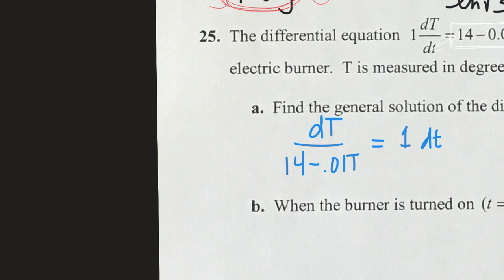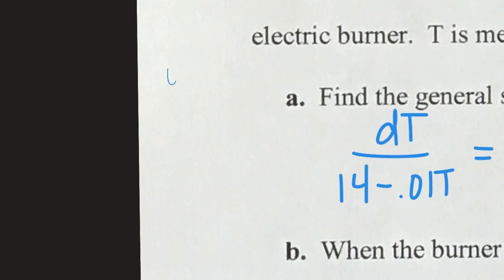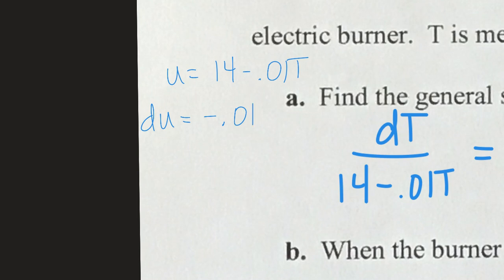So we're going to let u be this denominator, 14 minus 0.01T. So then the derivative is negative 0.01 dT. So dt is du over negative 0.01.